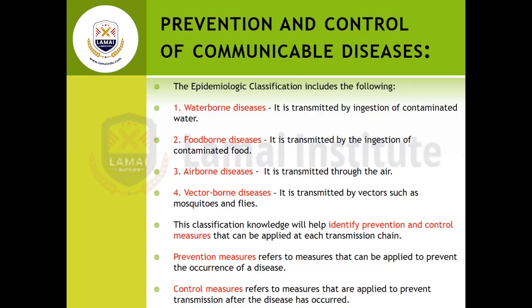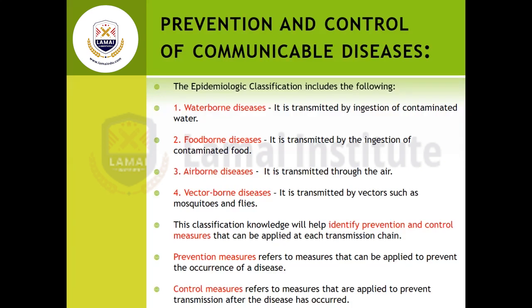And then we can also have vector-borne diseases, where the diseases are transmitted by vectors such as mosquitoes and flies. This classification knowledge helps us identify the prevention and control measures that can be applied at each transmission.